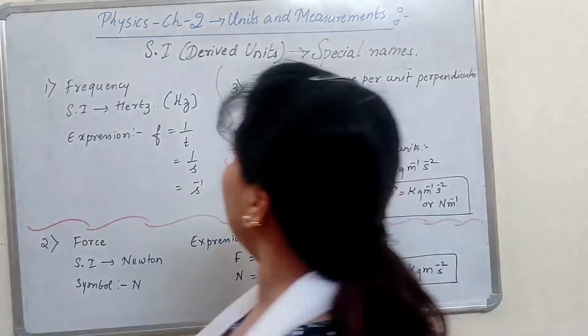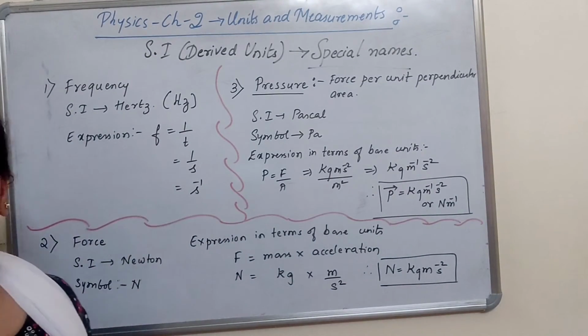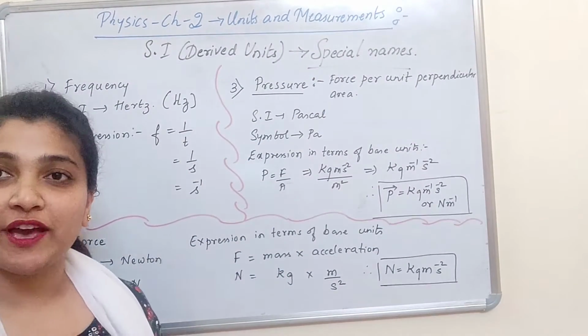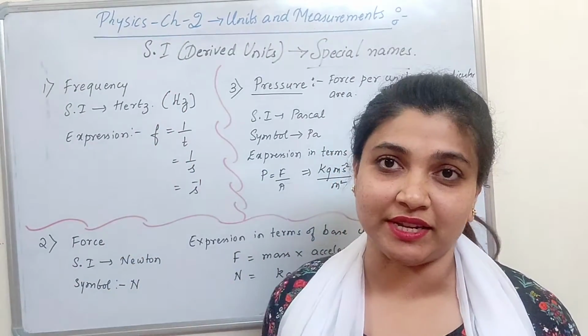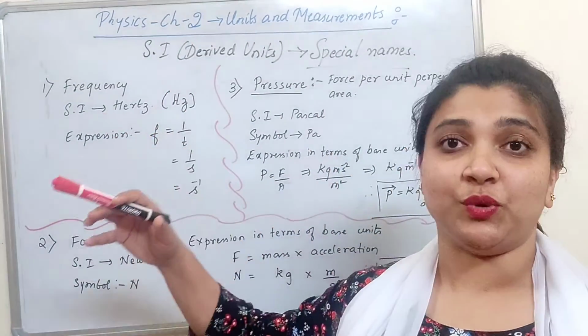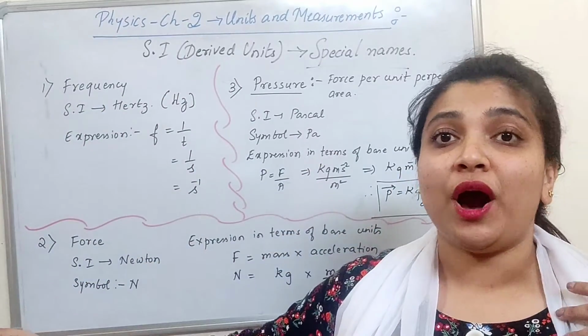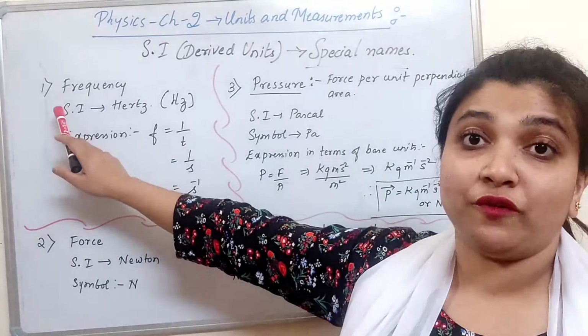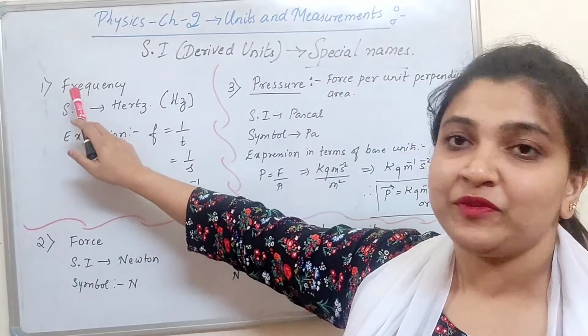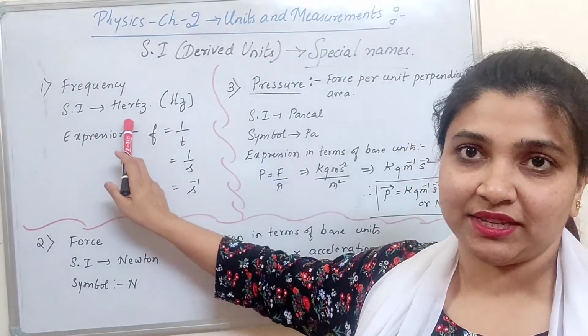Yes, children. Now, SI derived quantities. Okay, so just as we have derived our base quantities, now let us know about derived quantities. How are SI units converted into our base units? Alright, the first SI unit of derived quantity is frequency. Frequency is nothing but hertz, right?